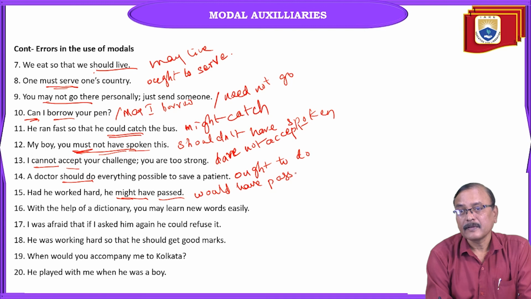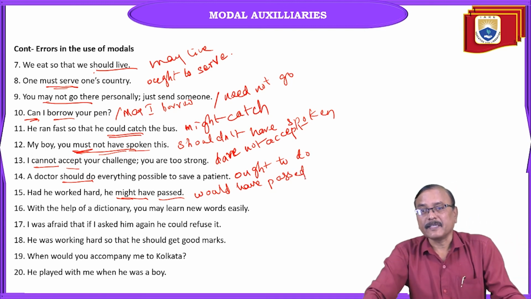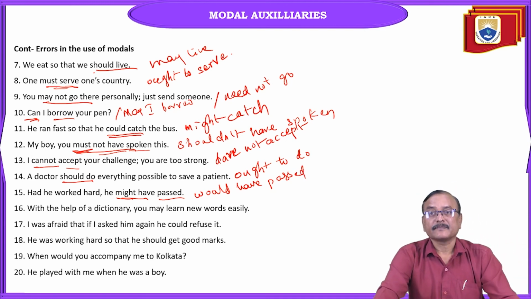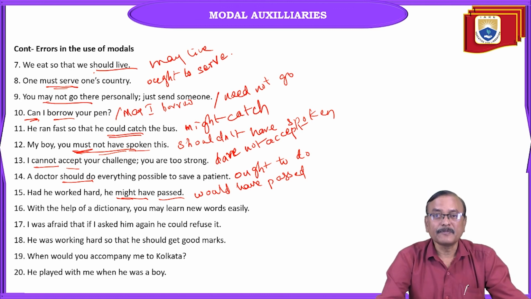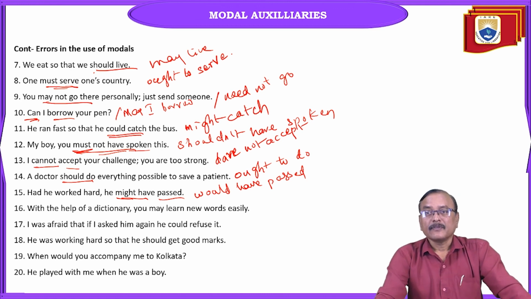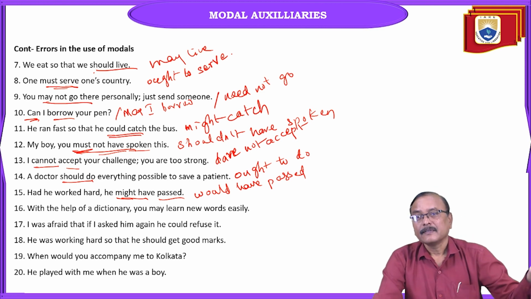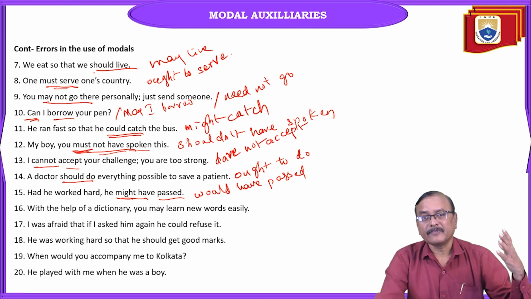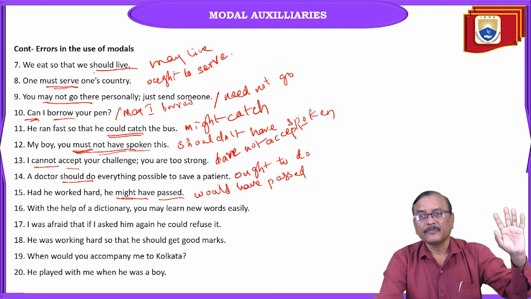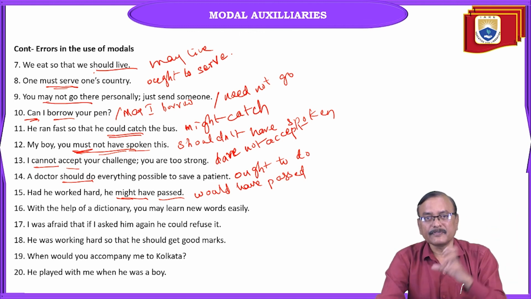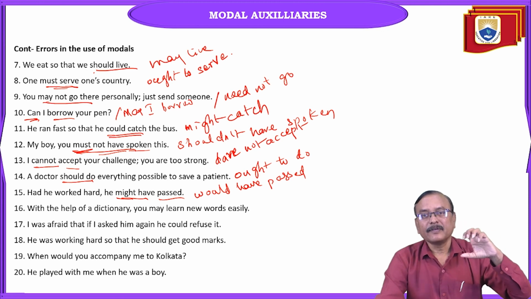It means more possibility. So might is only 50-50 probability. So would have is most possibility. When there is most possibility, we can use would or would have. Is it clear? So more possibility, would have.